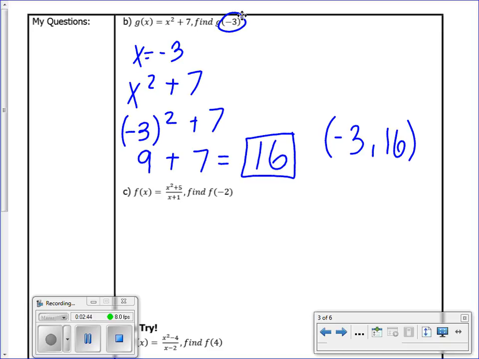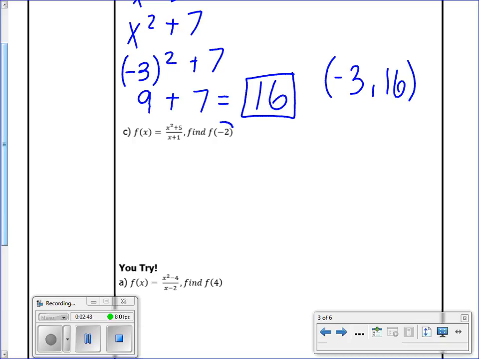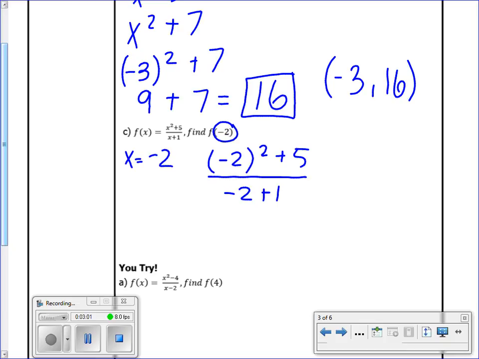Letter C, again, we're circling our number in parentheses. So that's x is -2. When we insert this in, it's going to be (-2) squared plus 5 divided by -2 plus 1. Anywhere you have an x, you're inserting -2. Now we're going to use order of operations.